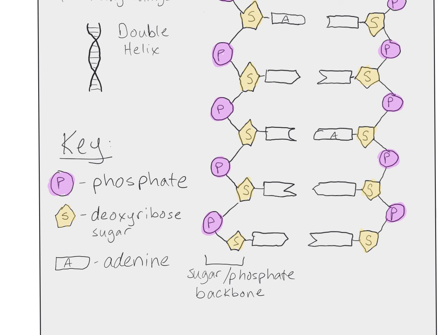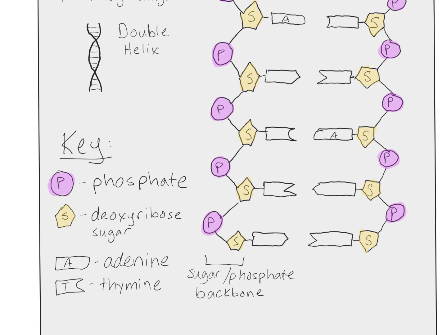I didn't draw mine very nicely, but we have one on the right side there. All right, and I'll color these in a minute. Let's go ahead and keep labeling. Our next rectangle we're going to label is the reverse curved one, and we're going to label that with a T. This is another base called thymine.